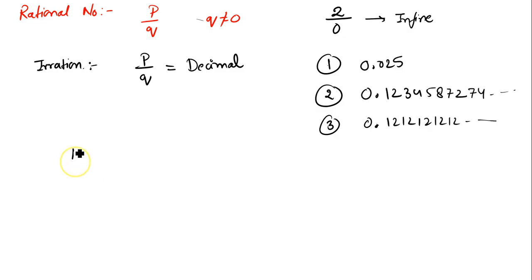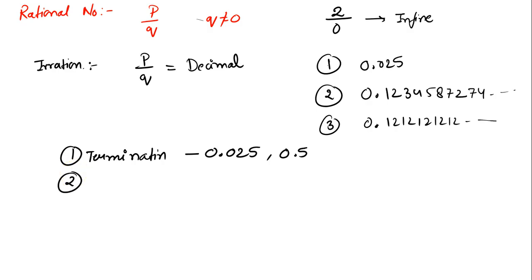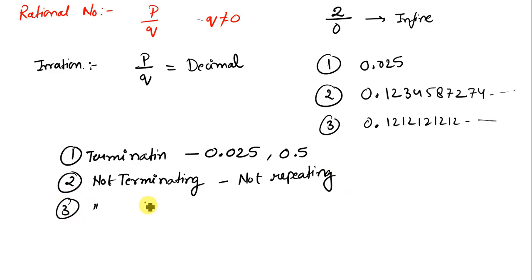In the first one, it is a terminating number, for example 0.025, or 0.5, which is also terminating. But in the second one, it is not terminating, and the uniqueness is that it is not repeating at all. And in the third one, it is also not terminating, but in this case it is repeating.